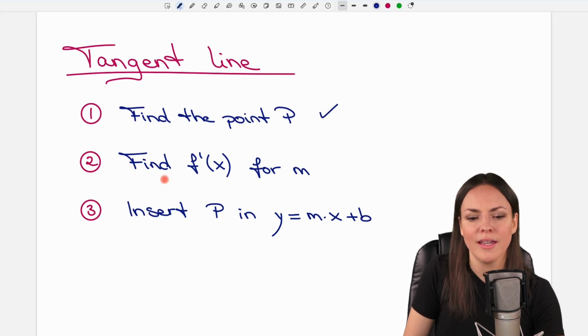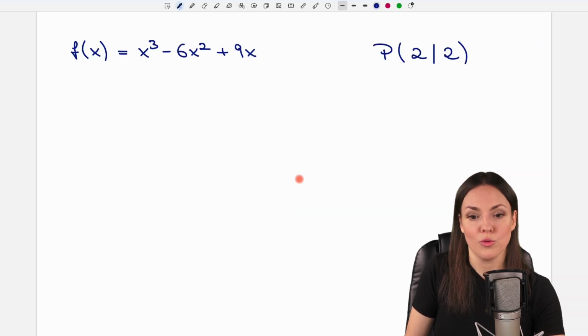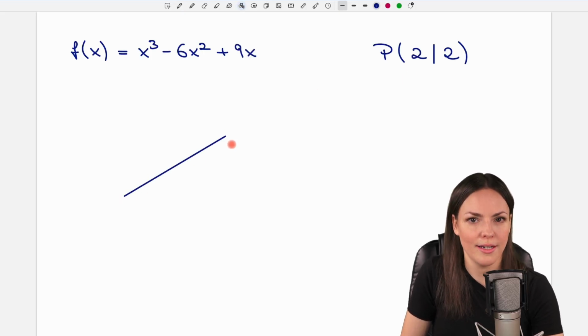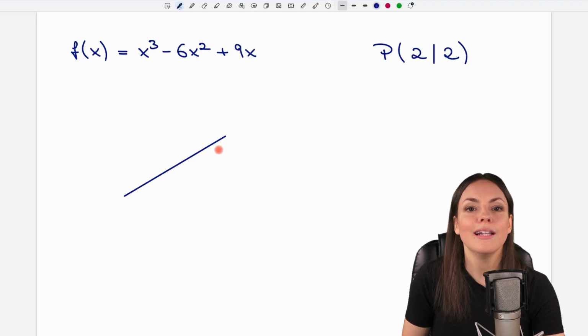Step number 2. Find f prime of x for m. What is m, and how does the derivative of our function help us with finding m? Well, so far, we only have our function f and our point P. We still want to find the equation of the tangent line. The tangent line is just a special line.